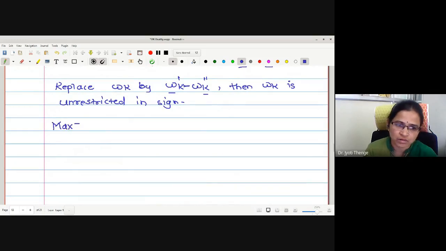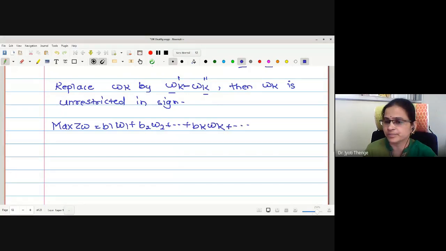Minimize ZW is equal to B1 W1, B2 W2, and so on, BK WK till BM WM, subject to all those constraints.